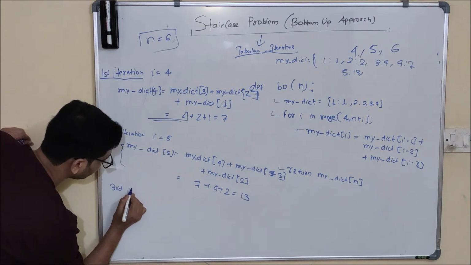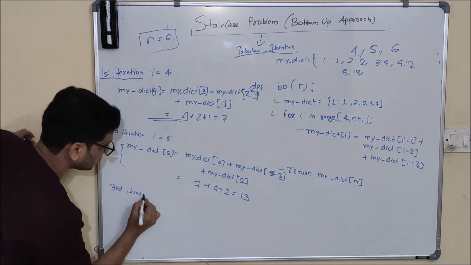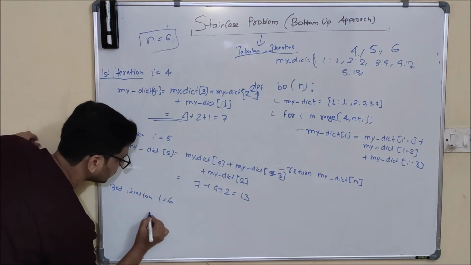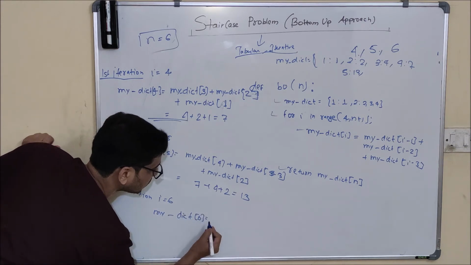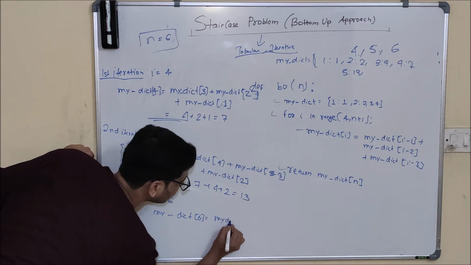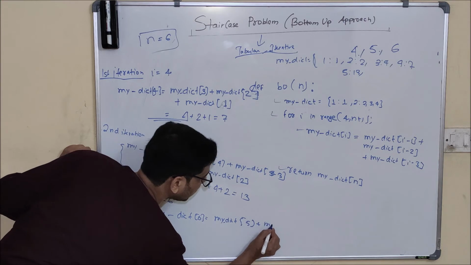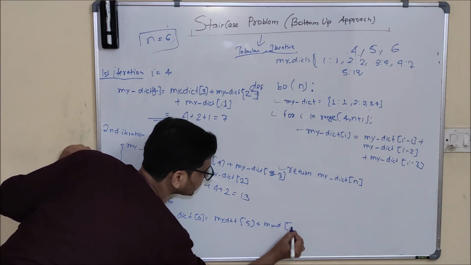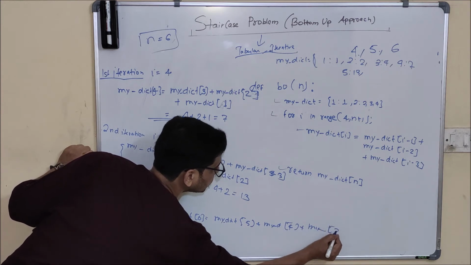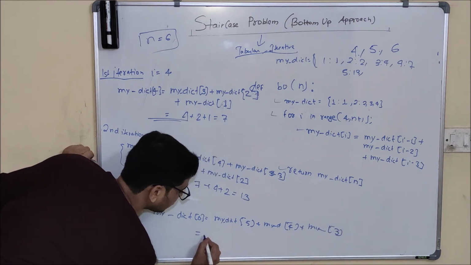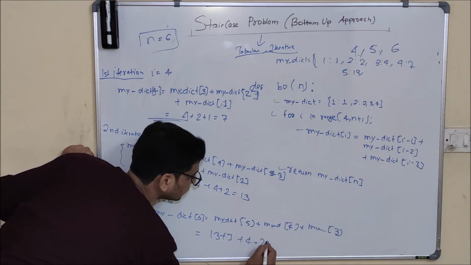Now let's come to third iteration, that is for 6, I equal to 6. So it will calculate my dict of 6. It will be equal to my dict of 6 minus 1, that is 5, plus my dict of 6 minus 2 equal to 4, plus my dict of 6 minus 3 equal to 3, that is 13 plus 7 plus 4, that is 24.